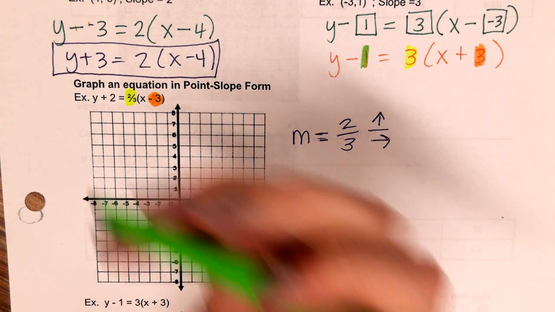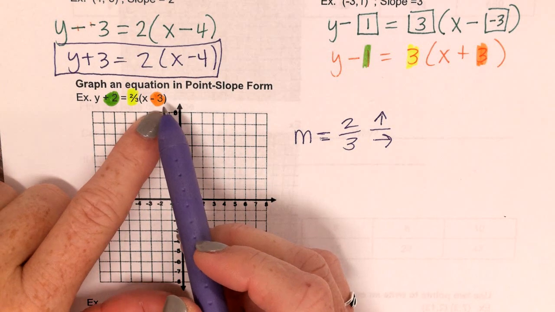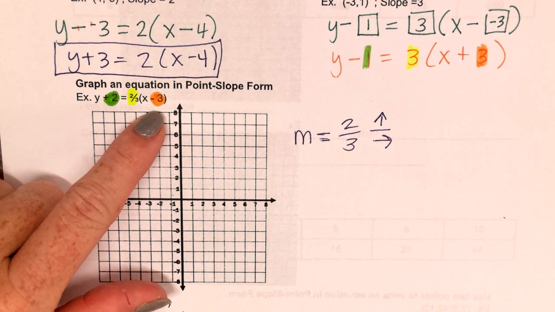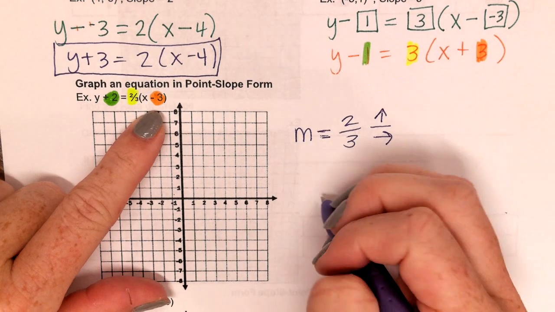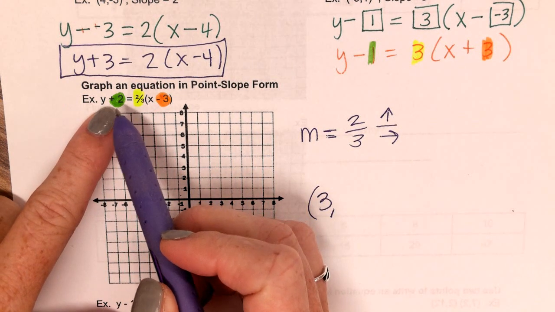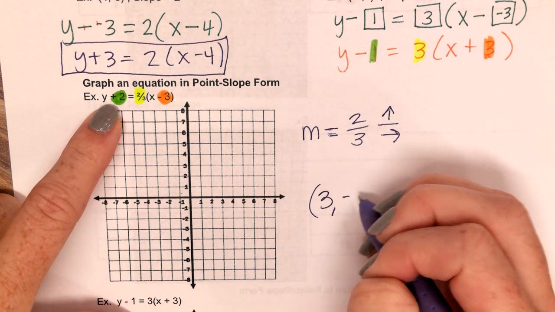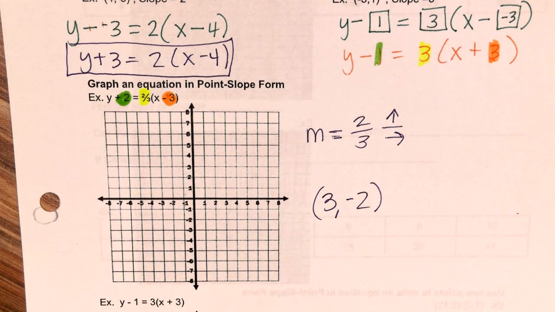And this is going to be the opposite of the y value. So I need to write a coordinate out of that. So this is the x. What is the opposite of minus 3? Positive 3. This is the y value, but it's the opposite. What is the opposite of plus 2? Negative 2. And there is my coordinate that I can start with.